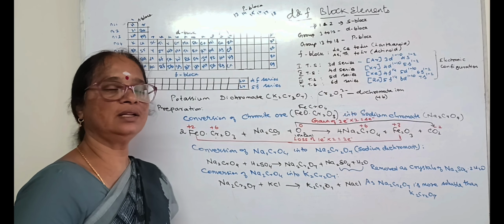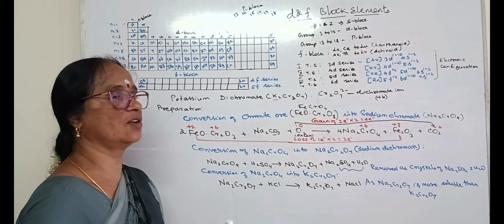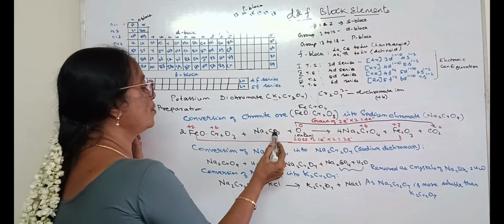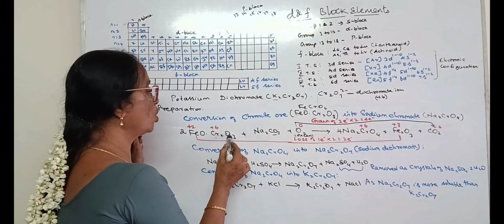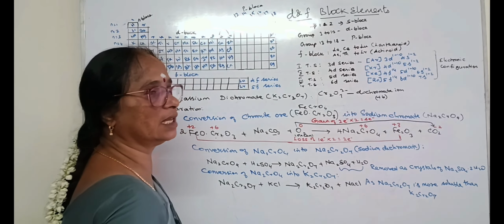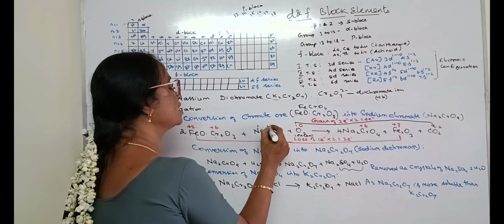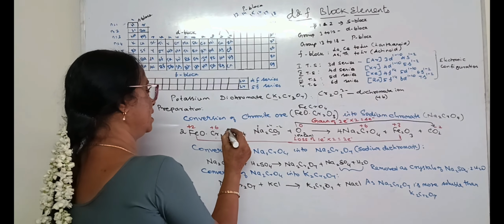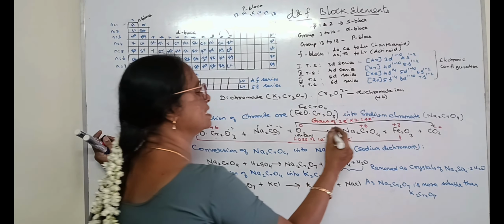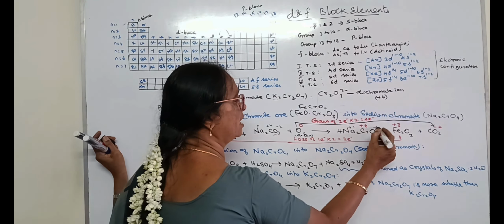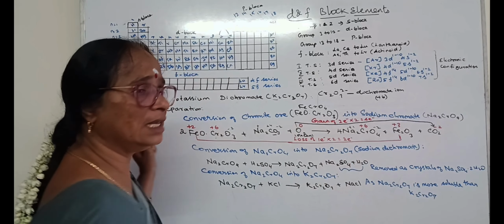Now let us find the oxidation states of the elements. Carbonate, sodium chromate, there is no change in their oxidation state. This is +1, this is +4, this is -2, and here -2, chromium +6. Everywhere the oxidation state of these elements did not vary.